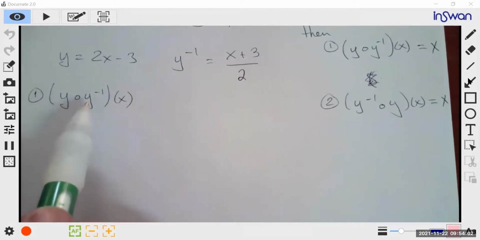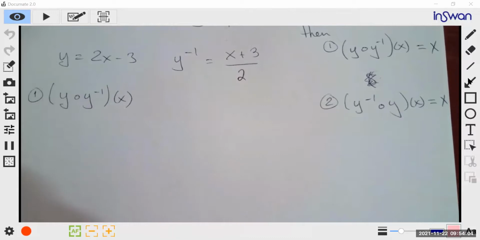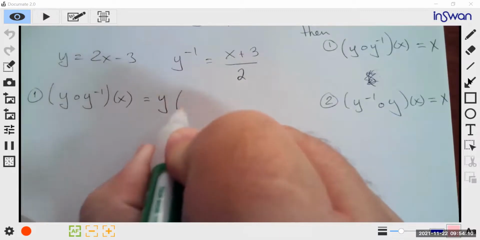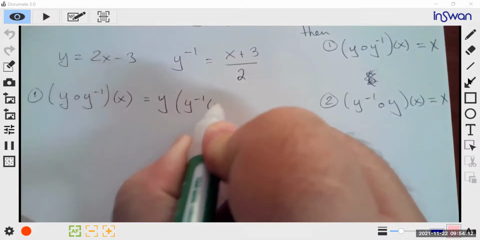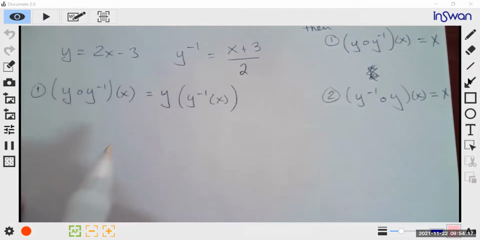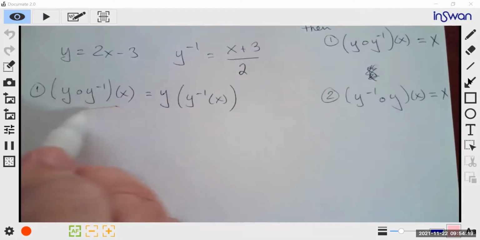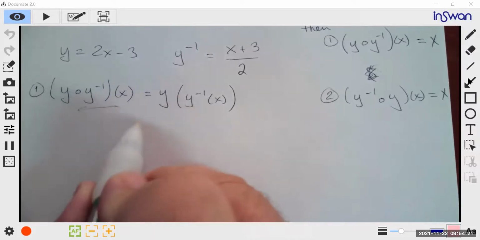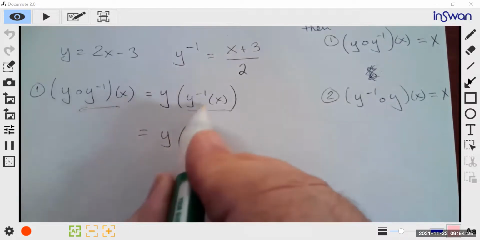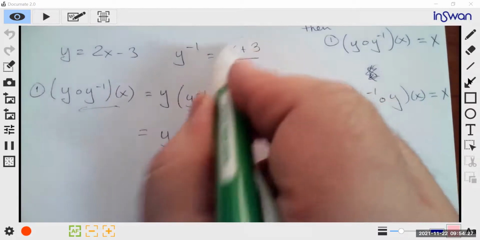F of F inverse. Or we collapse it to go this way. So what is this? What is y inverse? That's this equation here.